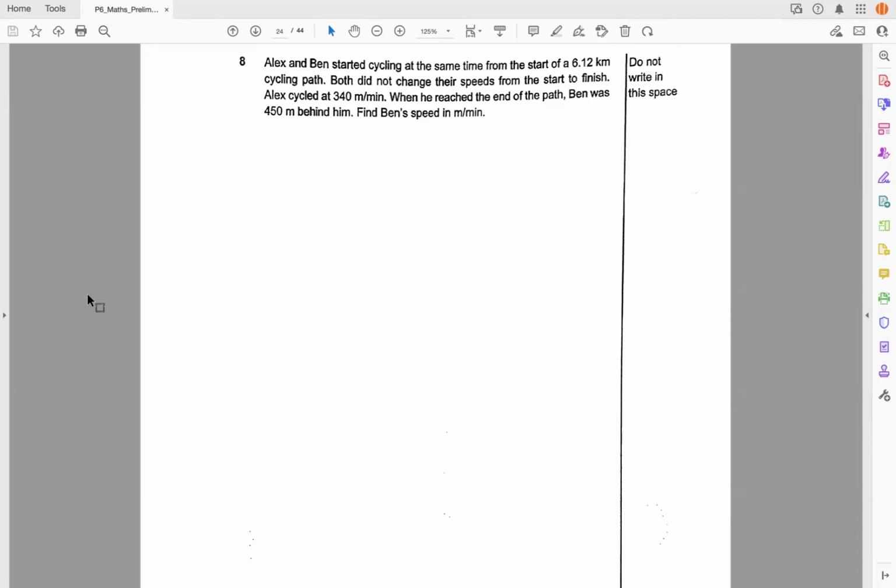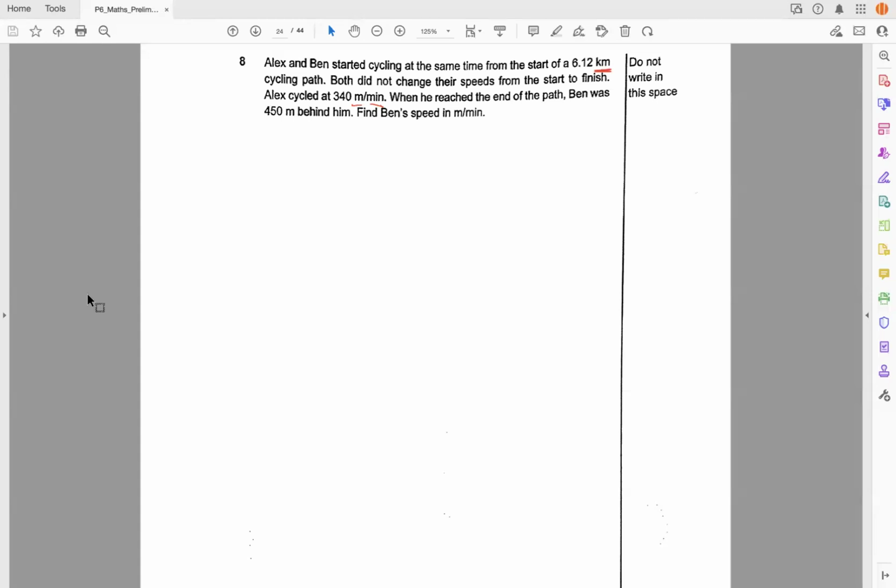Alex cycled at 340 meters per minute. When he reached the end of the path, Ben was 450 meters behind him. Okay, if you remember, we always follow the speed unit. If the speed unit is meter and minute, we change our workings to meters and minutes. So follow the speed units.